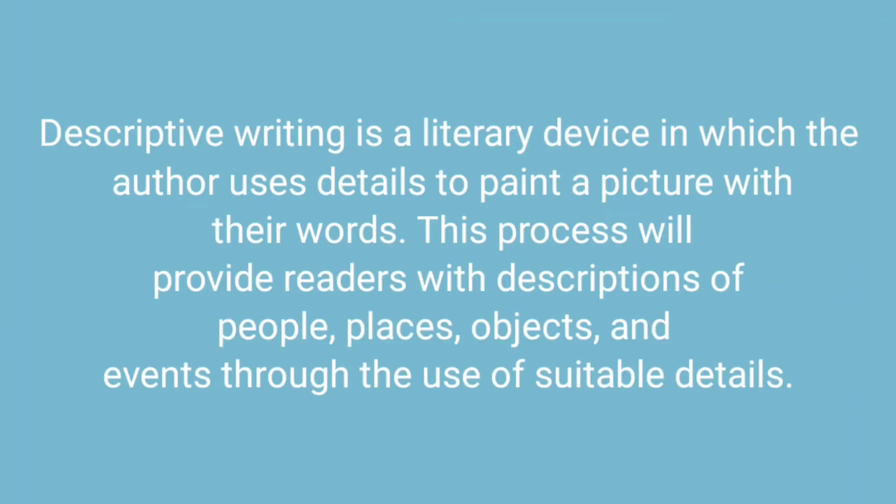Descriptive writing is a literary device in which the author uses details to paint a picture with their words. This process provides readers with descriptions of people, places, objects, and more through the use of suitable details.